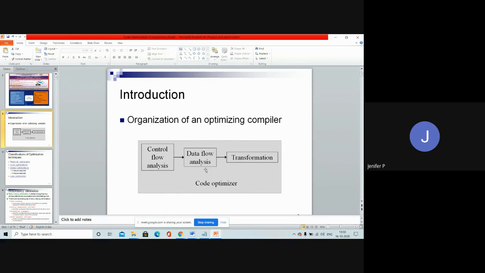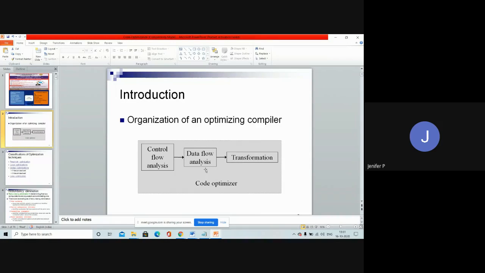For example, if I take sum is equal to 10, sum is a variable. What is the type of token sum? What is the data type of sum? Sum equal to 10 means sum will be declared as an integer. Then what is the value assigned to it, and how many bytes will be allocated to it? For example, in C, C++ or Java, the memory bytes allocated will vary based on the programming language, right?